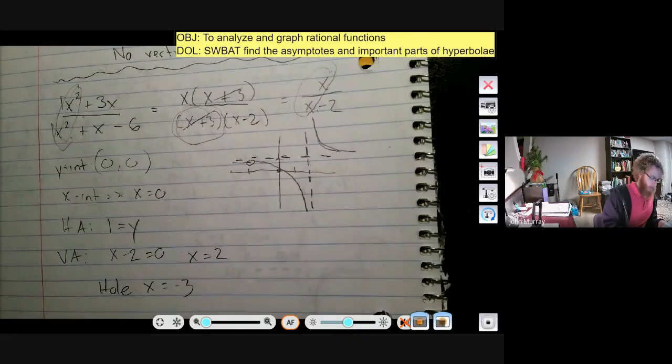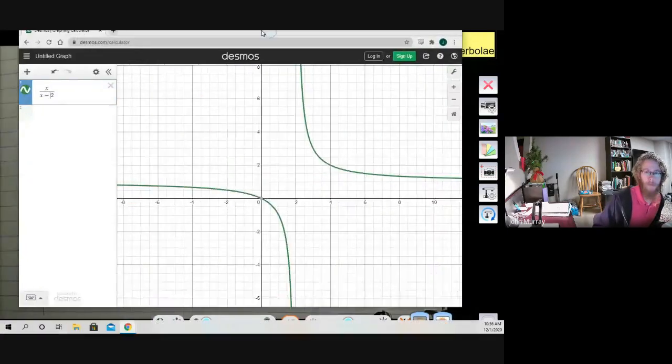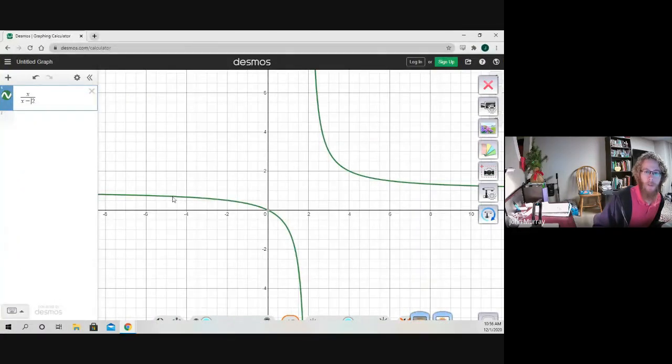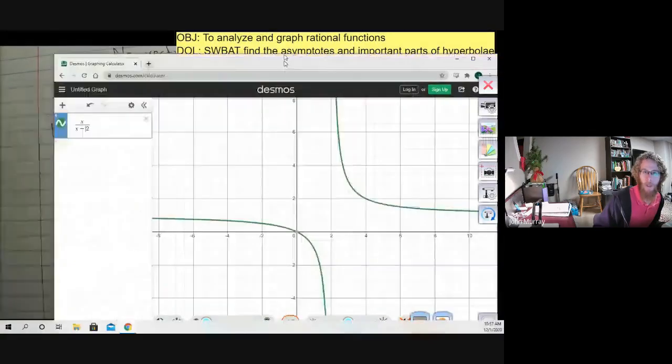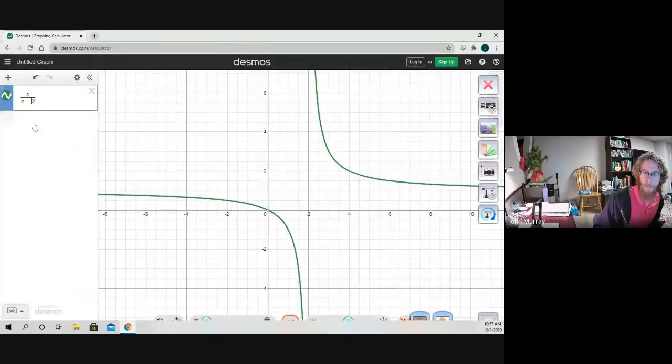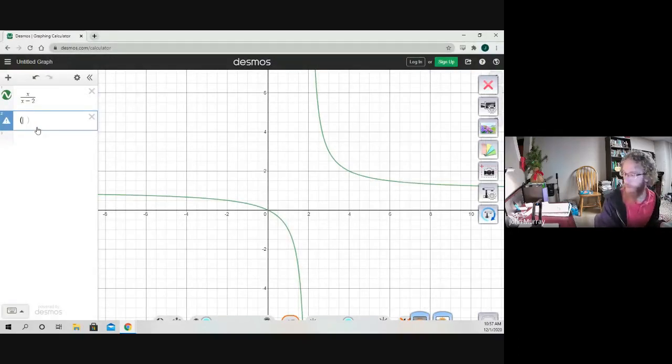So I have x over x plus 2. I'm sorry, x minus 2. Okay, and there we have the graph. Mine's a little sloppier, but it looks pretty much the same. And then again, if we plug in, this should work, hopefully.